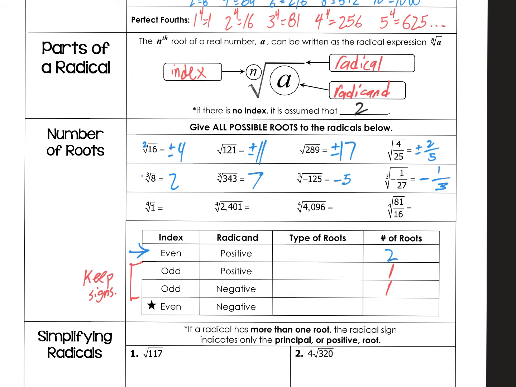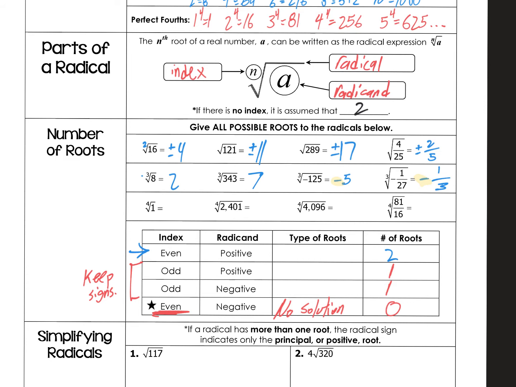So that's just one thing to keep in mind. If it's odd, it's going to keep its sign. And if it's even, it's only allowed to be positive. There are no solutions if you are taking the square root of a negative, right? So evens don't ever like to go with negatives, okay?